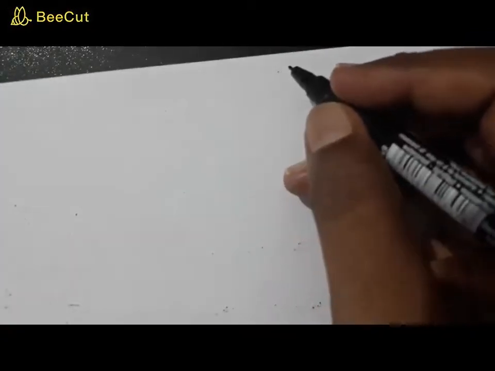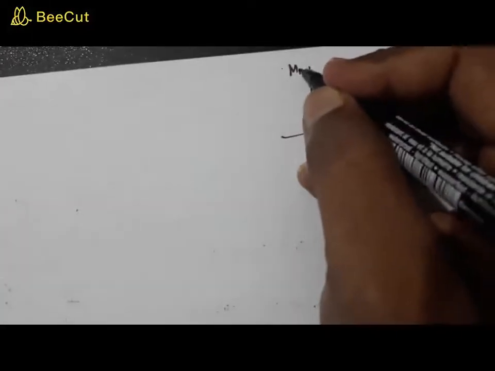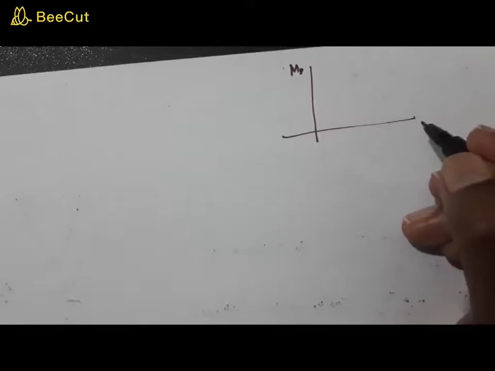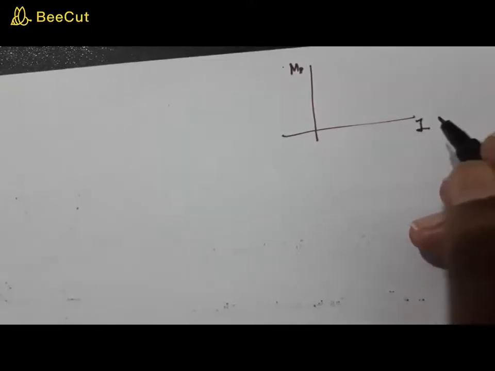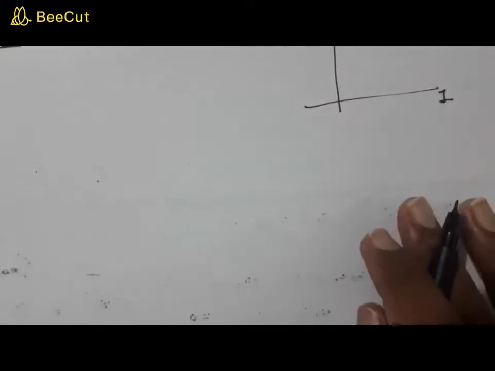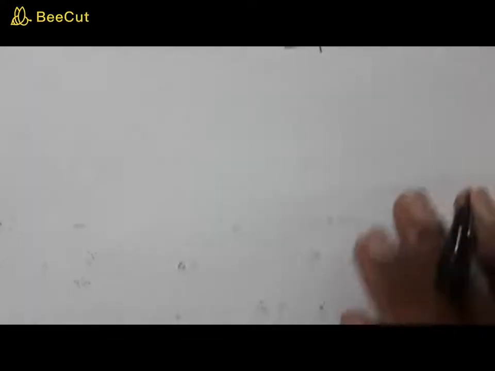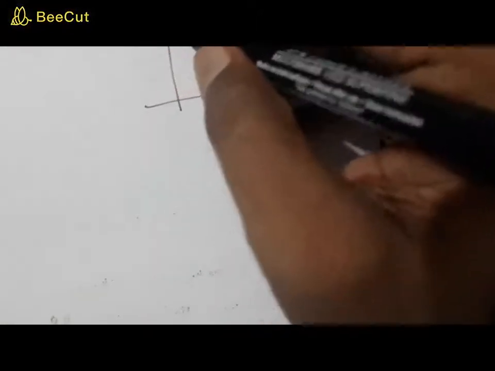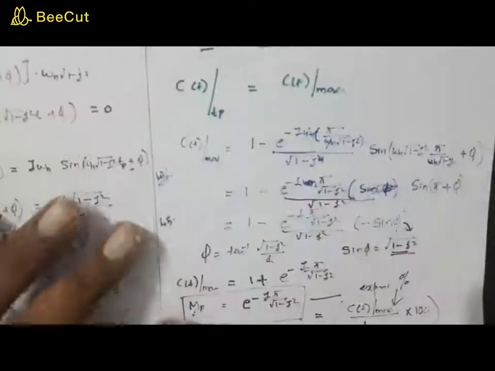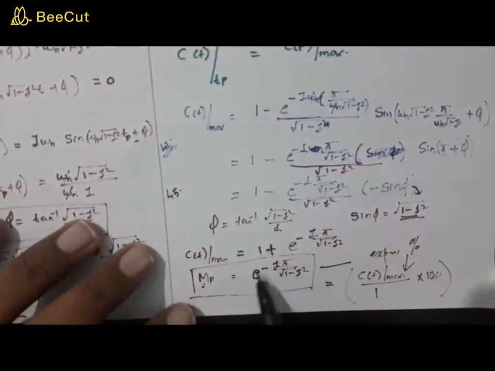If you are to plot MP versus theta, you are going to get a graph like this, because MP is an exponential function, e raised to an exponent. What happens at theta equal to 0? This becomes 1. MP is maximum.